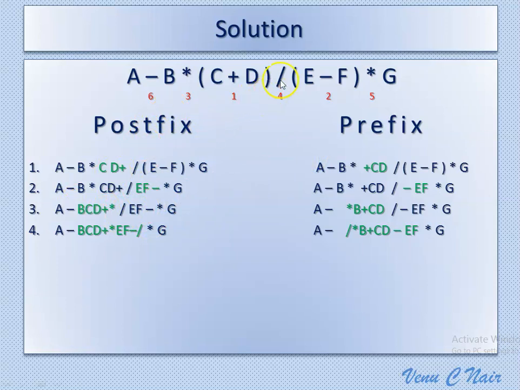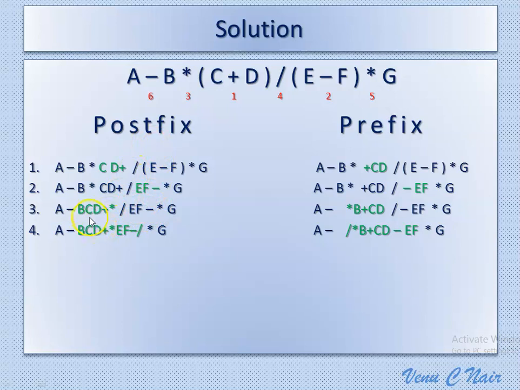So the next, fourth step is this divided by. For every operation we will be having two operands. So for this divided by, the operands are this B C D plus into as the first operand, and E F minus as the second operand.